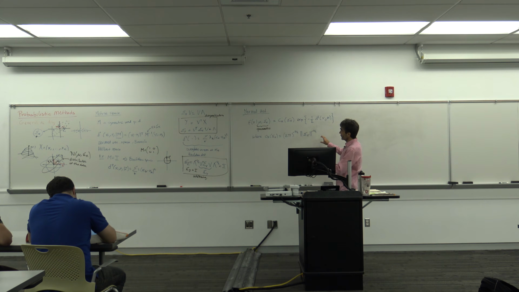Now, we'll be using the Gaussian distribution a lot in machine learning. It's not the only distribution we're going to use, but it is a main distribution that we're going to use. And there's a big reason for that.